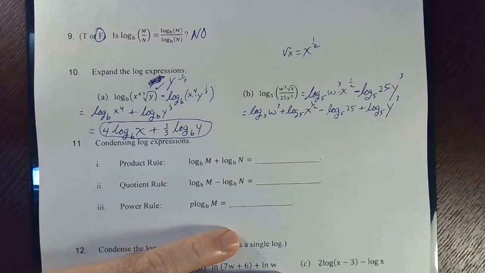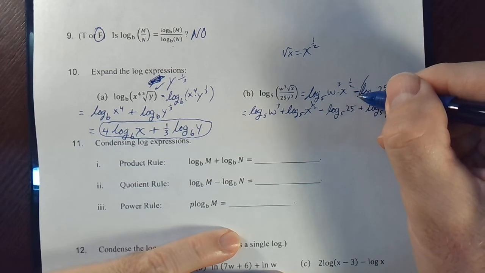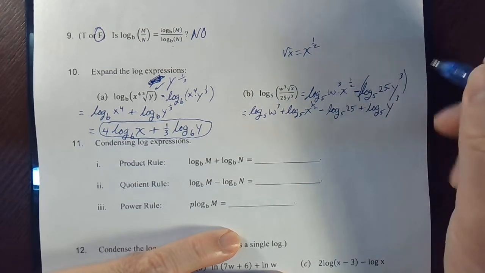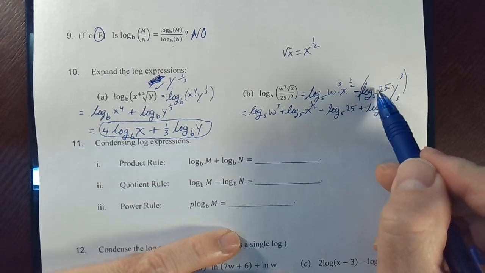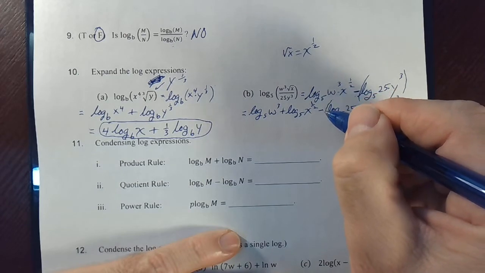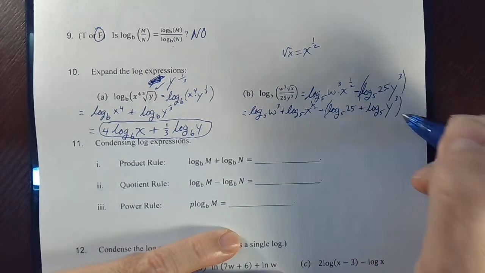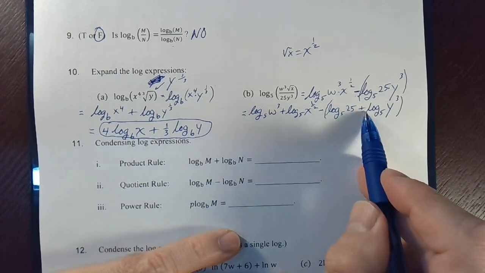I did not. This needs to be in parentheses. It's minus this entire log expression, right? So I expanded this entire log expression, so I need to maintain those parentheses. So this plus is really going to become a minus.